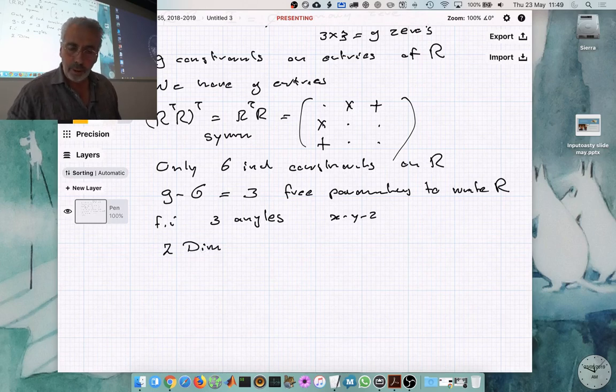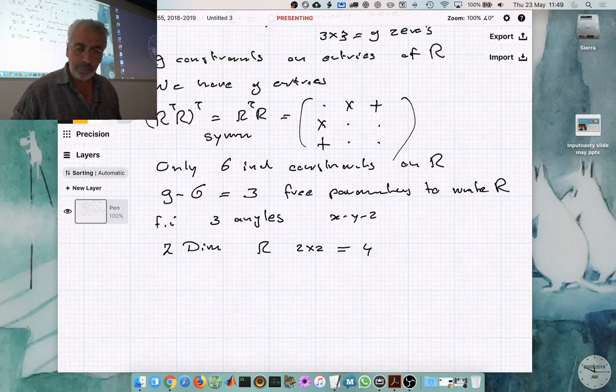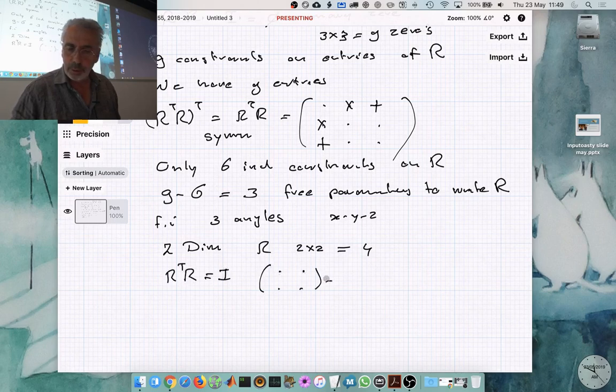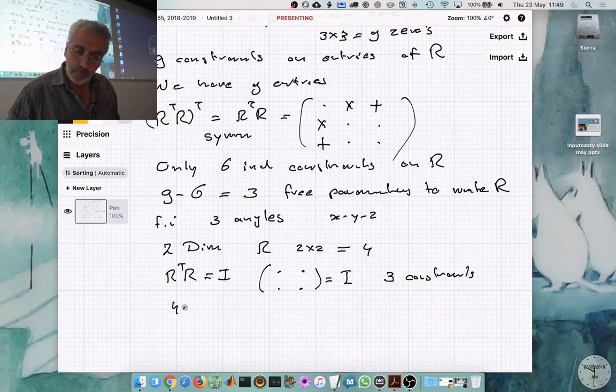I have a rotation matrix which is 2 by 2, meaning I have 4 entries, right? And then R transpose times R is the identity, meaning I have 1, 2, 3 constraints. Meaning I have 4 minus 3 is 1, one angle.